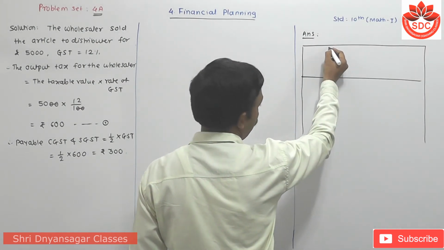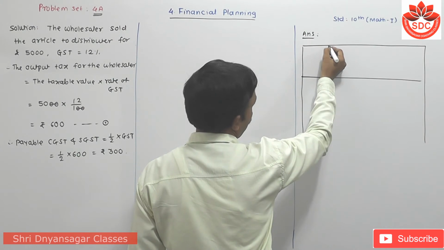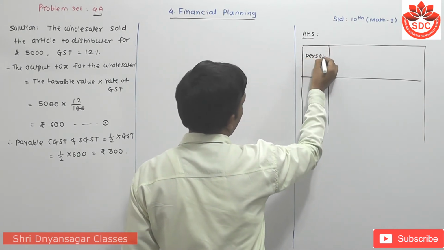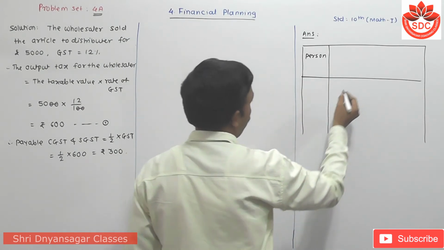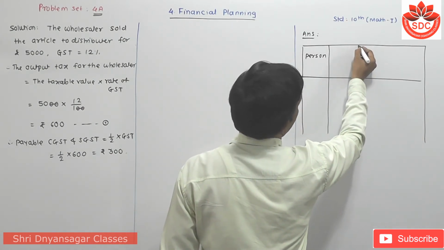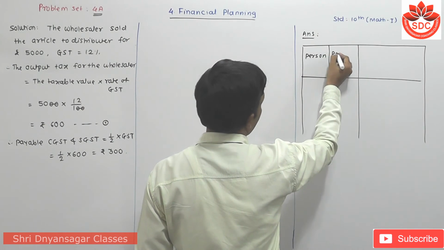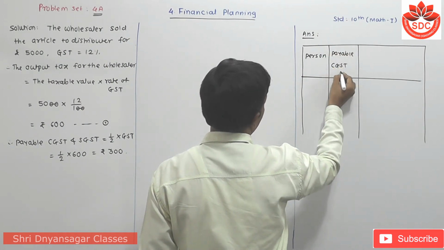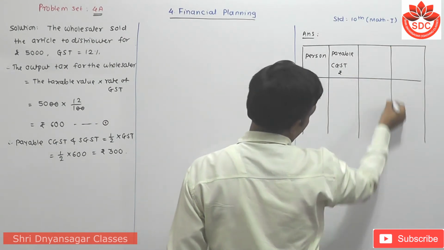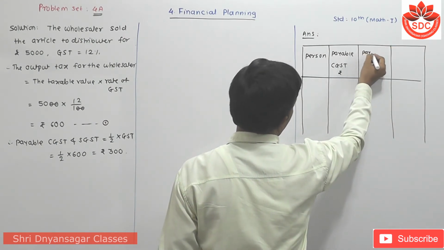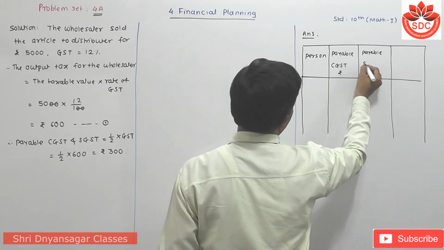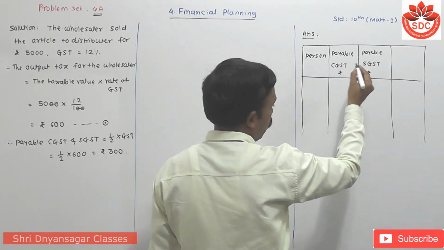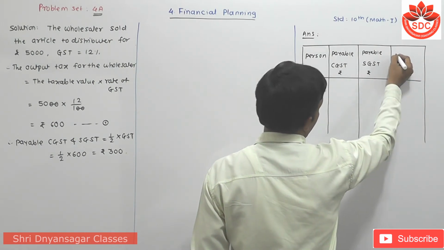Now the first column is persons, then payable CGST rupees, then payable SGST rupees, and here is total payable GST.